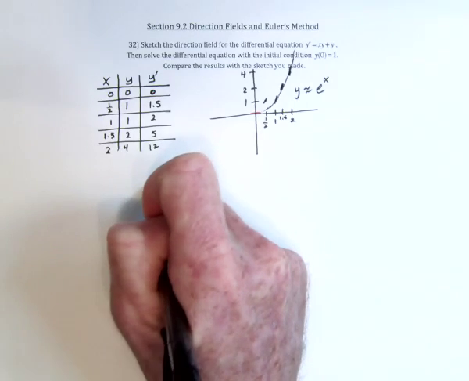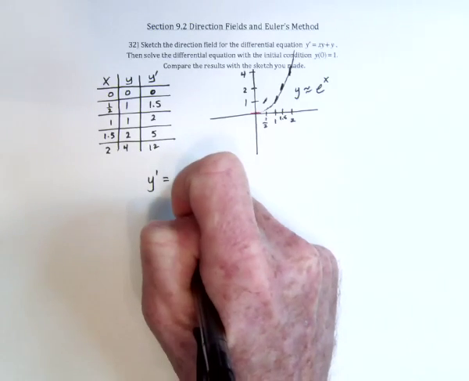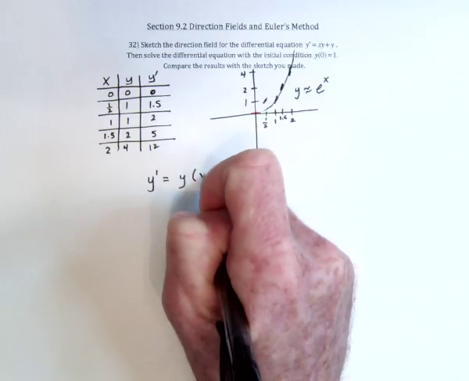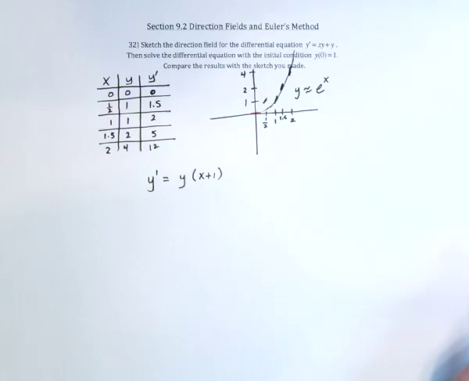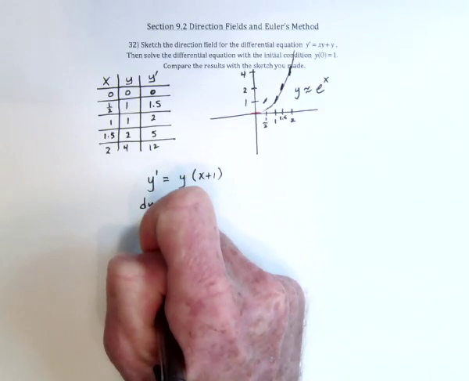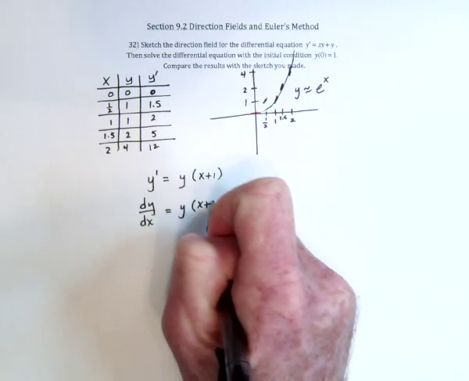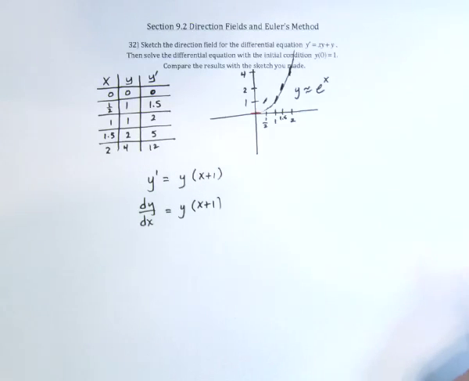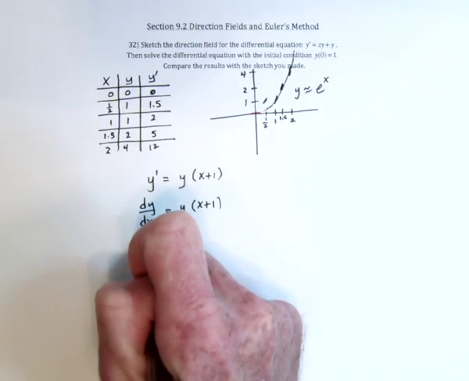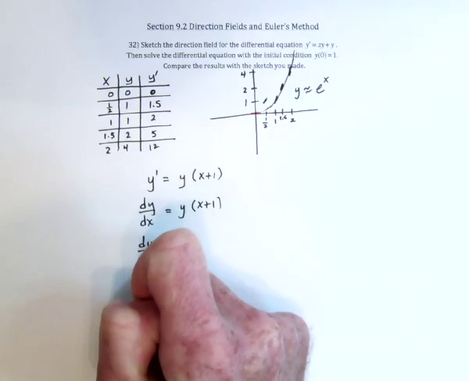Now we're actually going to find the function that does this. On the right-hand side, factor out y. It will leave x plus 1. Then separate the variables. So this is dy dx on the left side. Divide both sides by y. The left side will be dy over y.